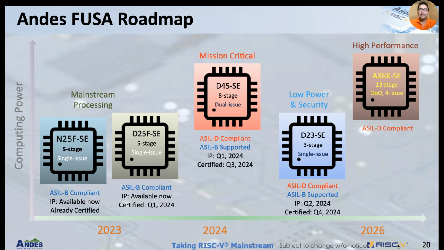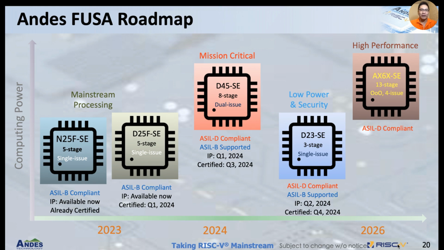In recent years, NDS has put efforts into developing and promoting functional safety capable cores for the automotive segment. On this chart, you can find a comprehensive list of the cores that we are targeting for this application. They are derived from our baseline cores, applied with the functional safety development process, and adding the necessary safety capabilities into the design.